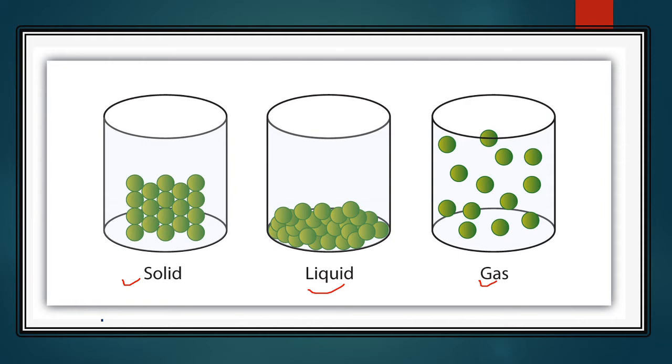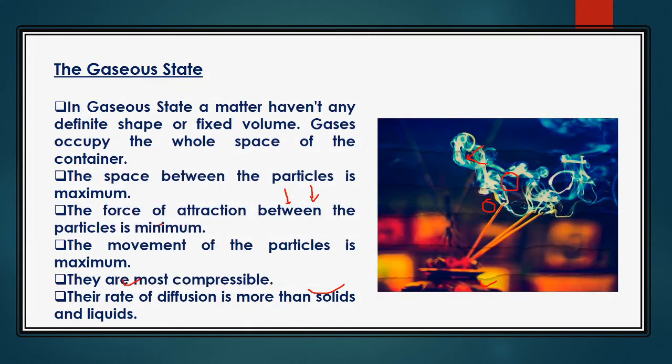In solids, the space between the particles is very small since they are closely packed. In liquids, some space is present since the particles are not that close to each other. But in the gaseous state, you can see that the maximum portion of the container is blank, since the particles are far from each other. That's why it is written that the space between the particles is maximum in gas.